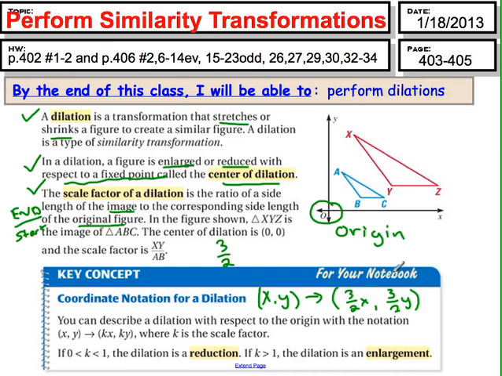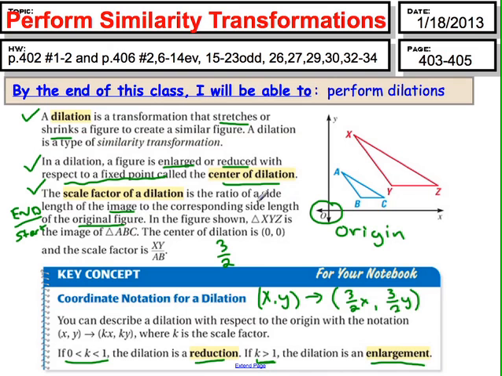that's not really a dilation. Something to note is that if the k is greater than 1, such as 3/2, it's going to be an enlargement, getting bigger, so from, say, the blue to the red. If it's between 0 and 1, like 2/3, that might be from the red to the blue. It's called a reduction, which makes sense to us.